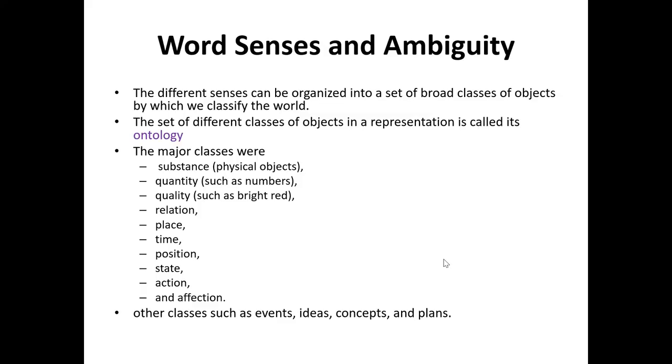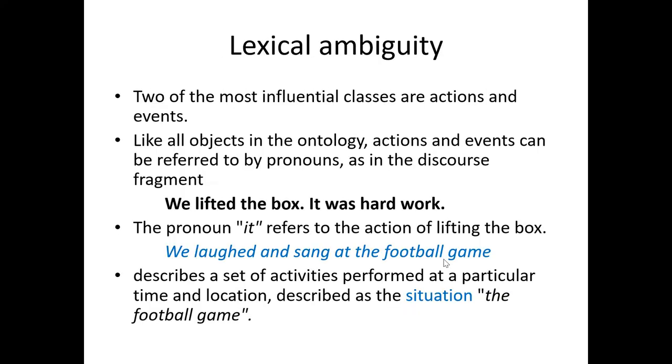Other classes such as events, ideas, concepts and plans are also possible. Two of the most influential classes that we make use of are actions and events. Like all objects in the ontology, actions and events can be referred to by pronouns.